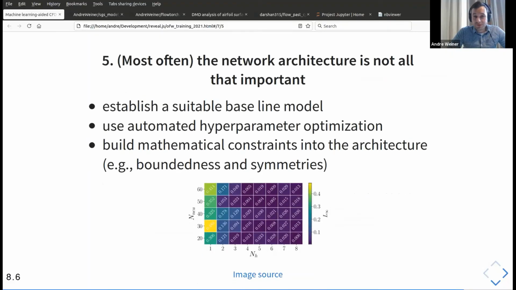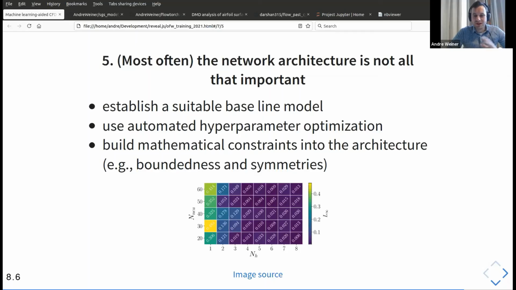Now, if you decide to use deep learning tools, neural networks, another lesson learned is that the architecture for most applications is not really that important. What you should do is find a good baseline model by trial and error that gives you a somewhat good approximation. Then again, use pipelines, automated scripts that do hyperparameter optimization for you.